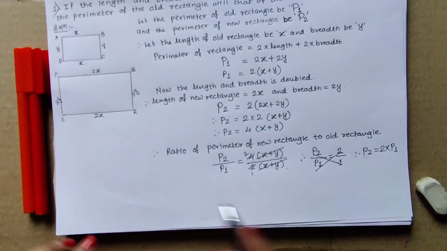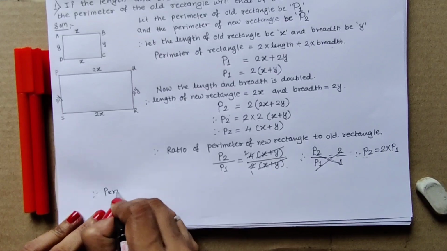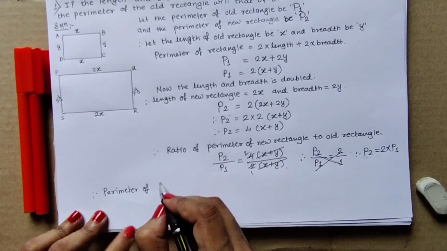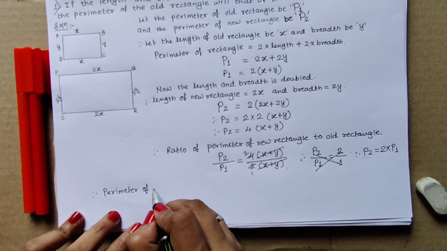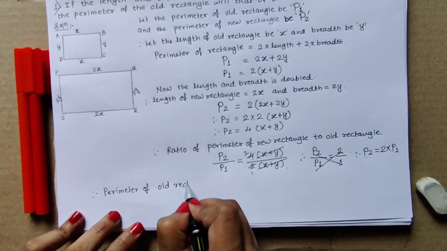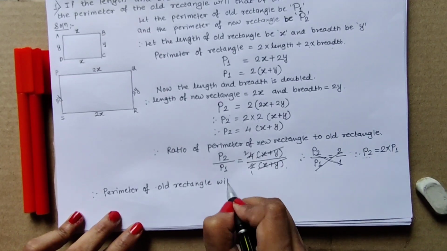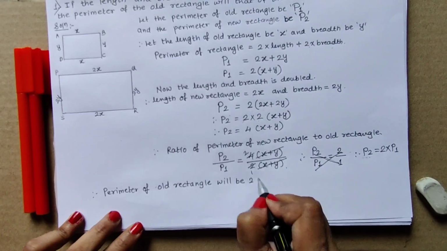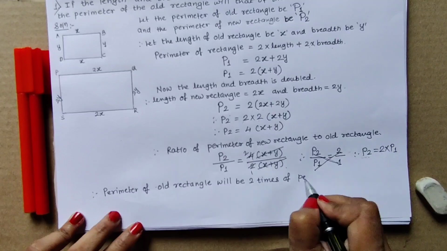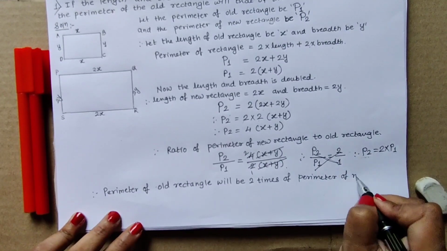So perimeter of, write the answer statement. Therefore, the perimeter of the old rectangle will be 2 times the perimeter of the new rectangle.